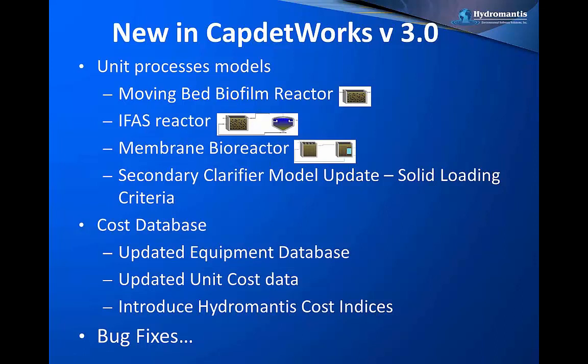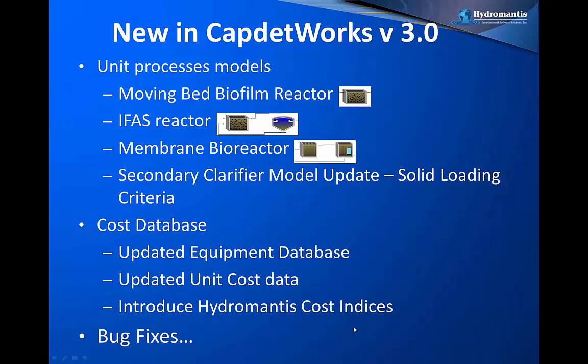There is an additional database which is based on the Hydromantis cost indices rather than the standard cost indices that we have been using until now. So the user has the flexibility to either use the standard database, which is based on Marshall and Swift, ENR, and chemical engineering cost indices, or choose Hydromantis cost indices.